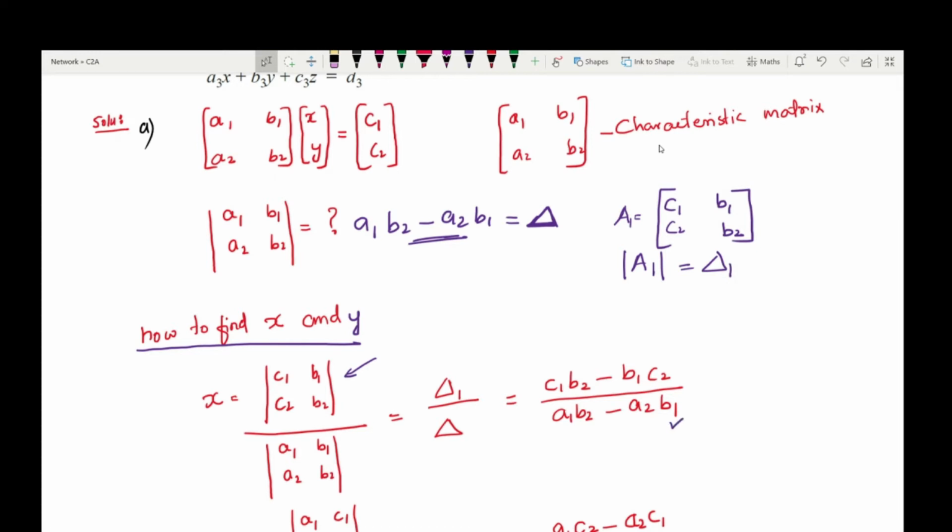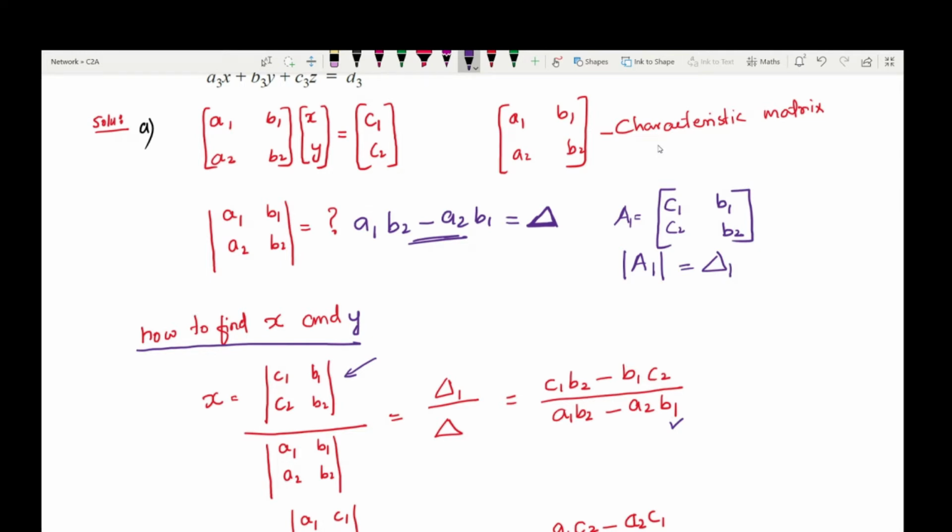What is delta 1? In order to find the first variable, we first remove the first column entries, A1 and A2, retaining all other column entries. Into the removed column position, we replace C1 and C2. That matrix we can call A1, for simplicity, just for notation.